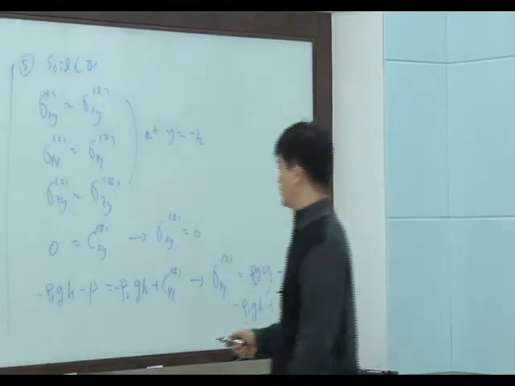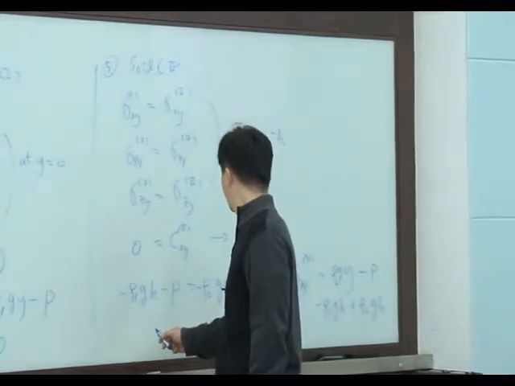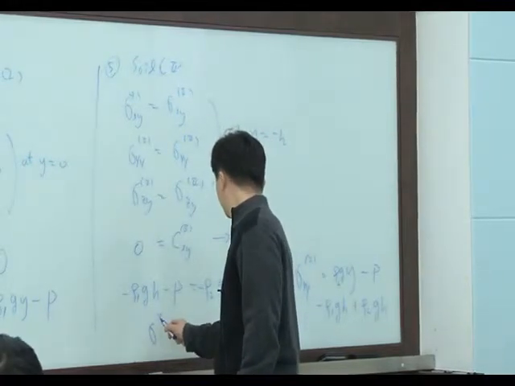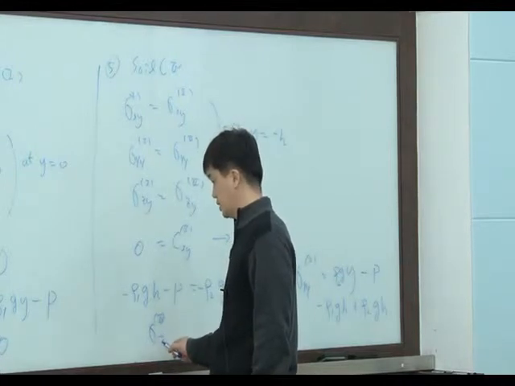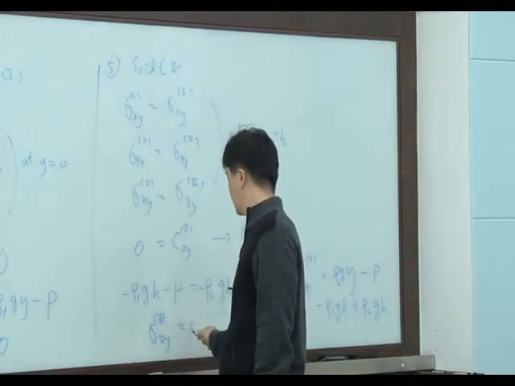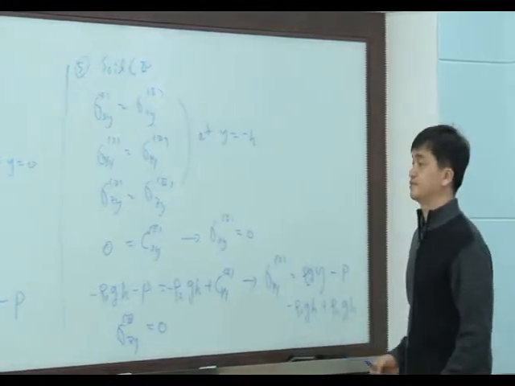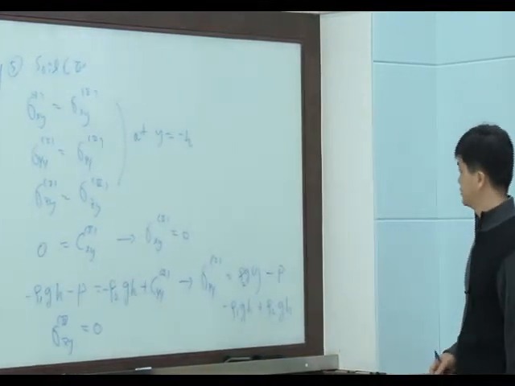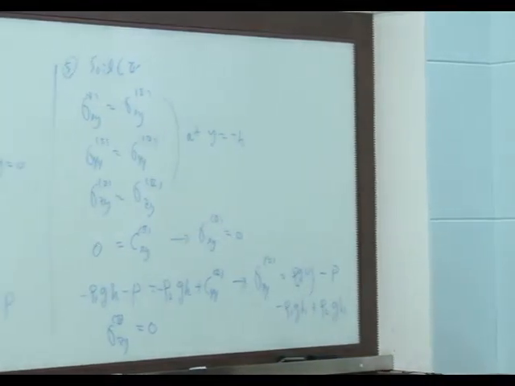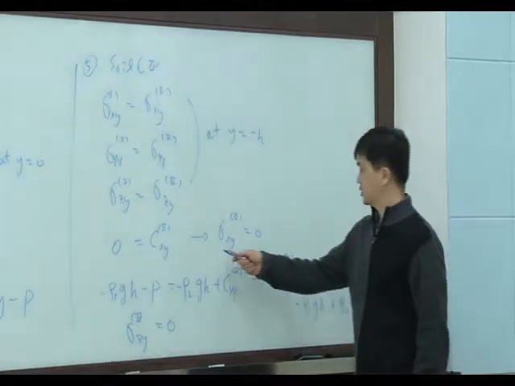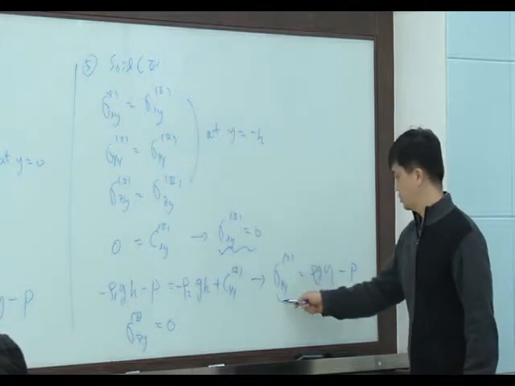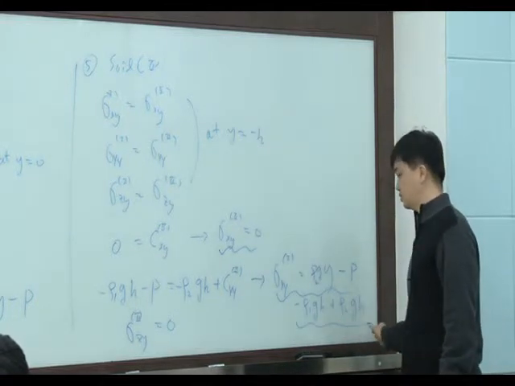And similarly for stress gy2 equals 0. So now we find 3 stress components for soil layer 2.